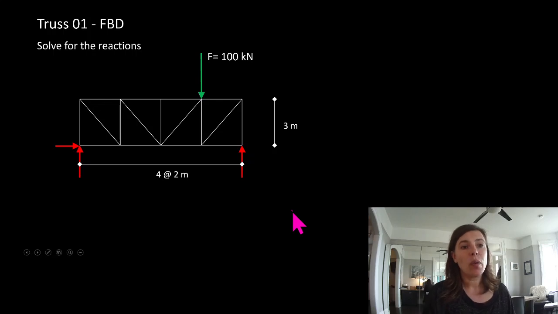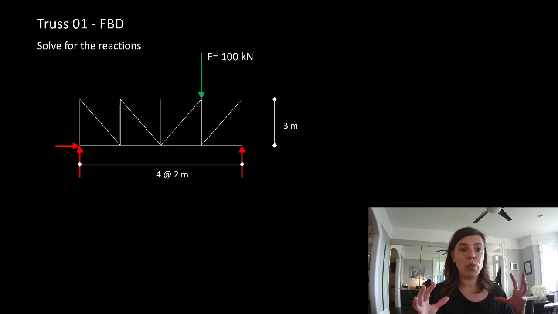Now last week we talked about solving for the reactions, figuring out what it takes for our object not to move up and down and back and forth and spin about the z-axis. So most of the rest of this lecture, I'm going to do pointing down, facing at the calculations sheet.